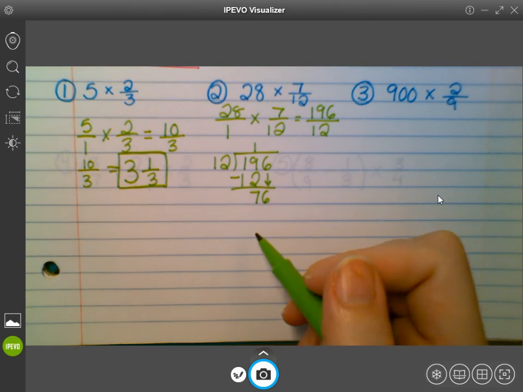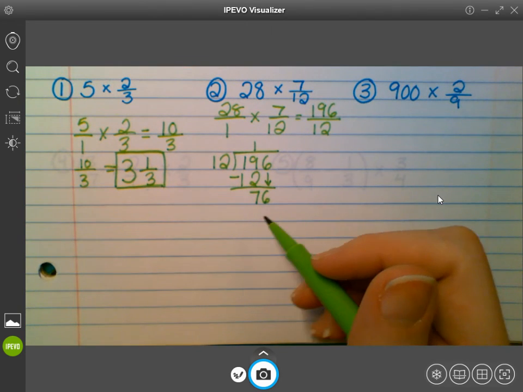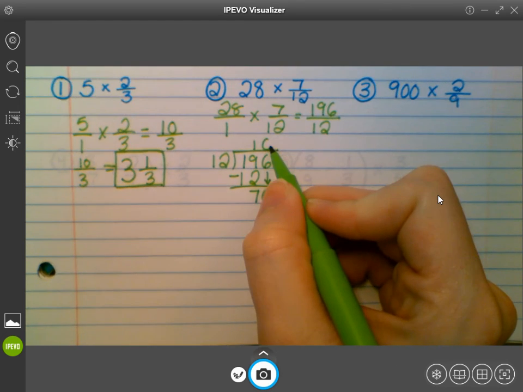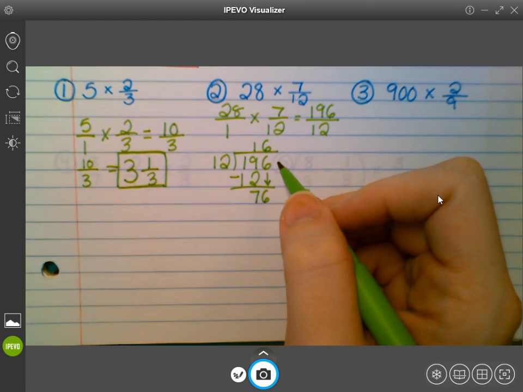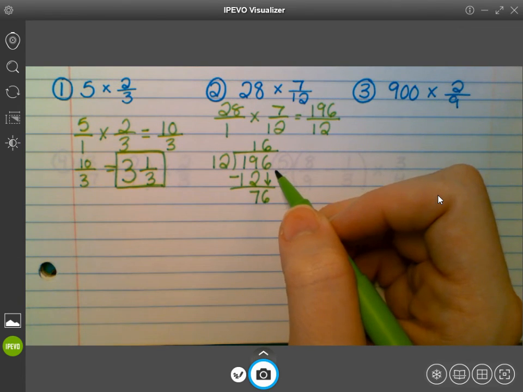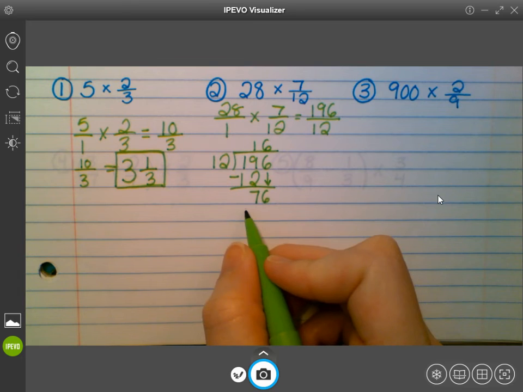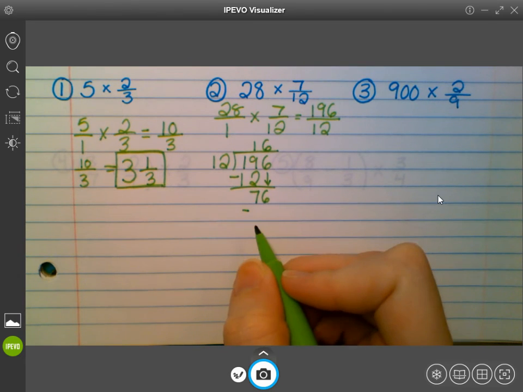How many times does 12 go into 76, 5th grade? It goes in 6 times. You're right. Now, if you're like, whoa, how do people get that so fast? Some of you know those facts, but also you have a multiplication table in your planner that you could use to help you with this. So, it goes in 6 times. And what is 12 times 6? 12 times 6 is?